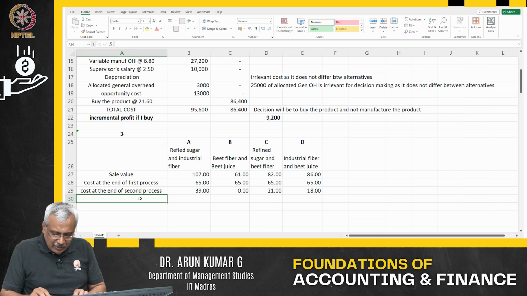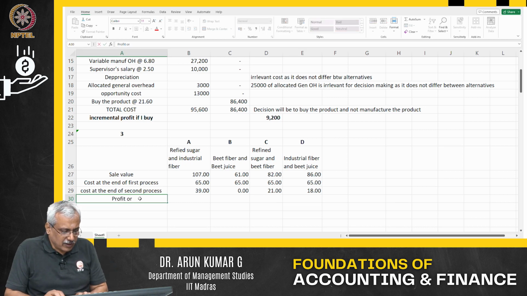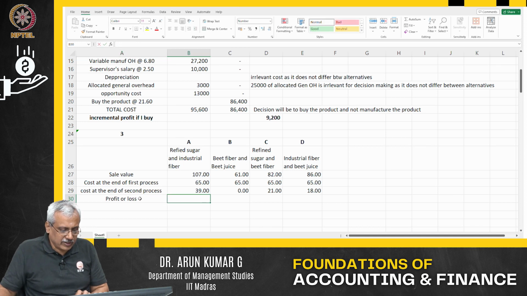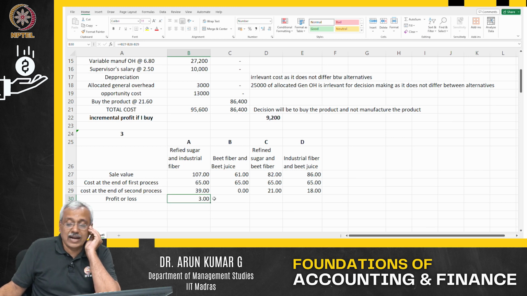So the ultimate profit or loss of each process is the sale value, minus the cost at the end of the first process, minus the cost at the end of the second process. For every batch, I make about $3 if I process refined sugar and industrial fiber.